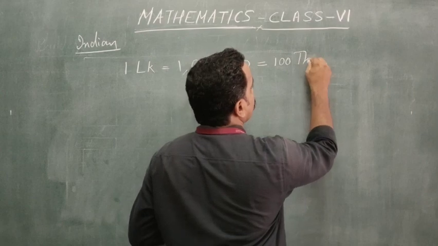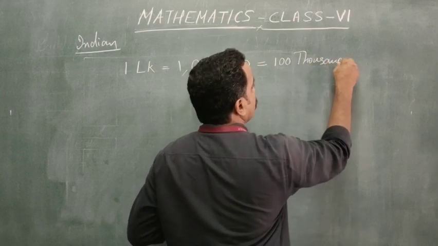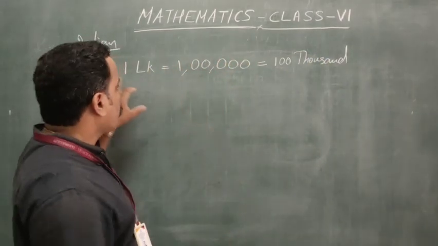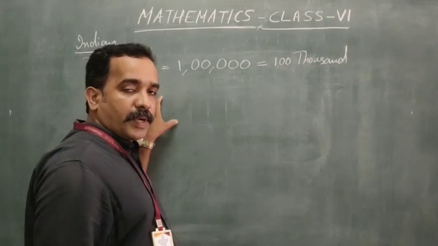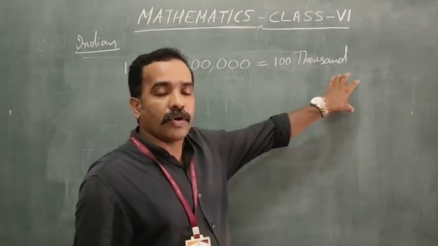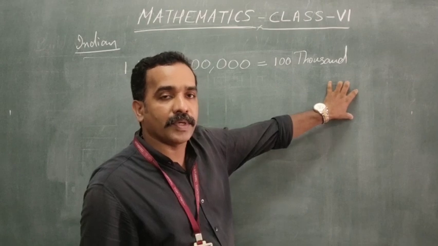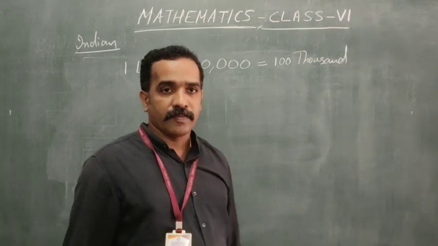So 1 lakh in the Indian place value system, in the international place value system we call it 100,000.